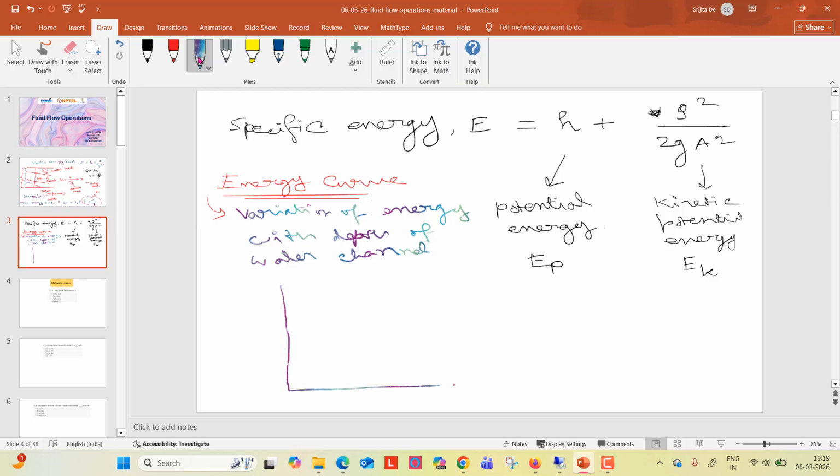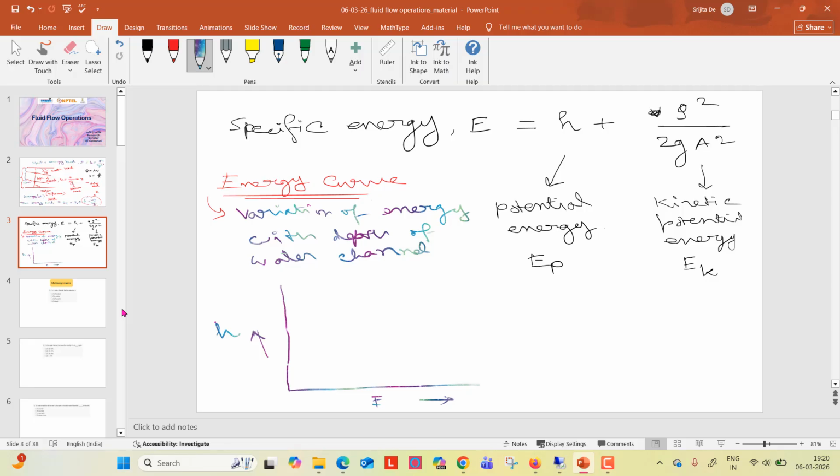Here we are calculating E, energy. In the x-axis there is specific energy. When I am talking about energy, always remember that I am talking about specific energy, because we have already defined that E is nothing but the specific energy. We are nowhere talking about the total energy. I hope you get it. This is the depth of the channel.